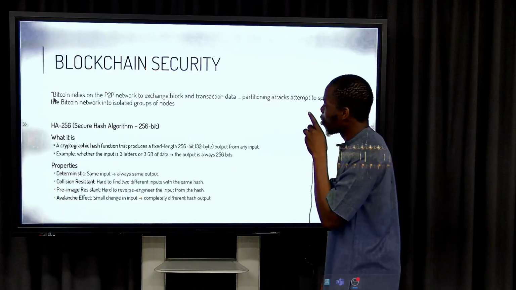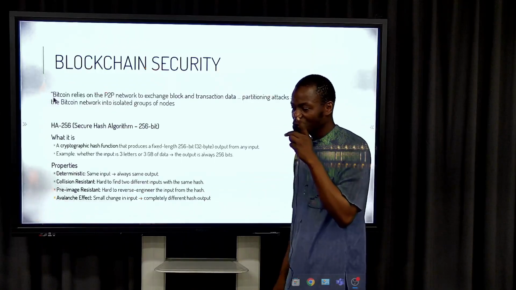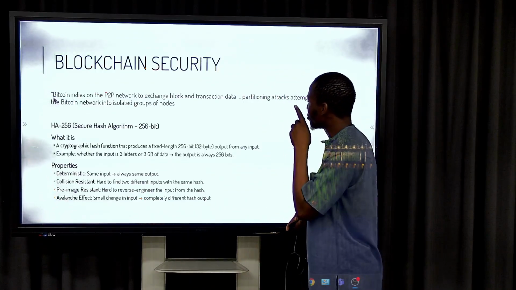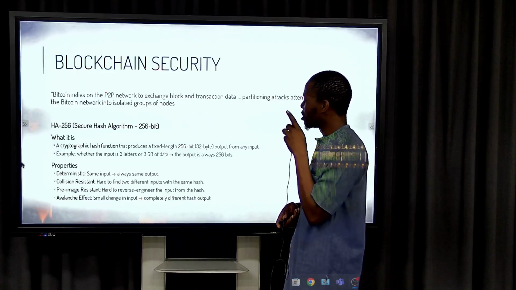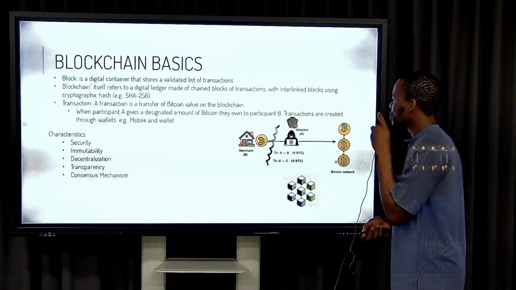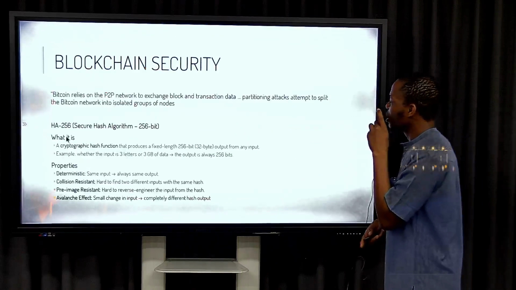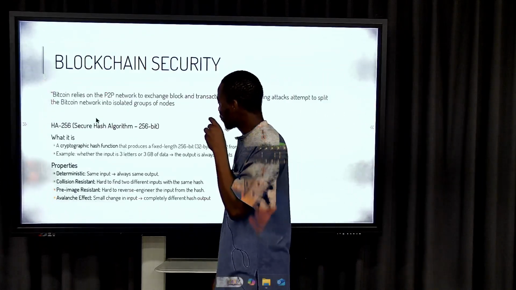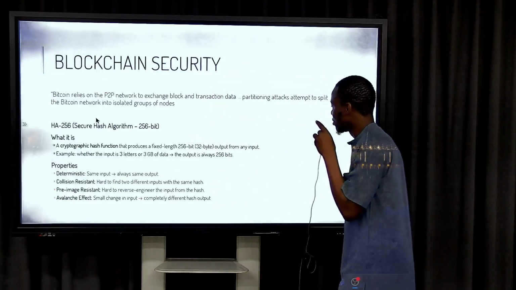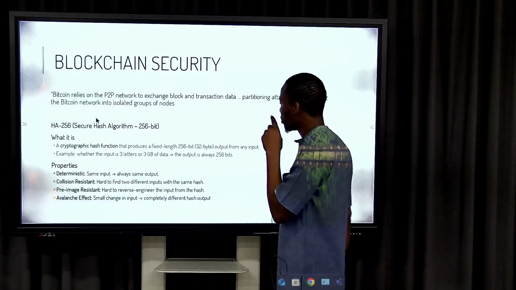Now, furthermore, we have the SHA, the secure hash algorithm. That's SHA-256. It is a cryptographic algorithm that is leveraged in the blockchain. Don't forget, we said security is one of the key components of the blockchain. A cryptographic hash function produces a fixed-length output of 256 bits, 32 bytes, from any input.